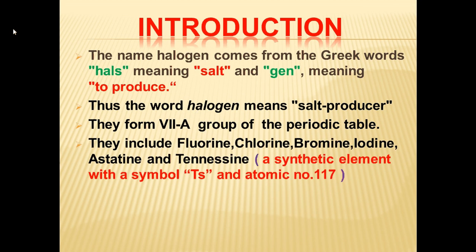They include fluorine, chlorine, bromine, iodine, astatine, and tennessine. Tennessine is synthetic element with a symbol Ts and atomic number 117.